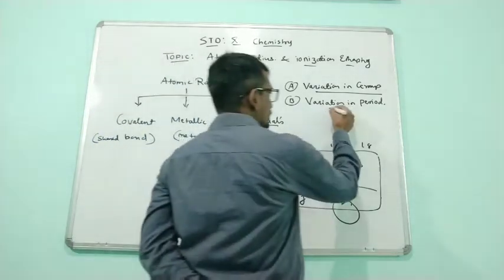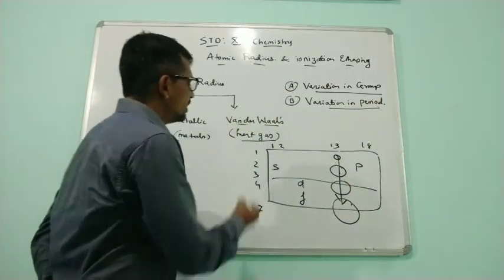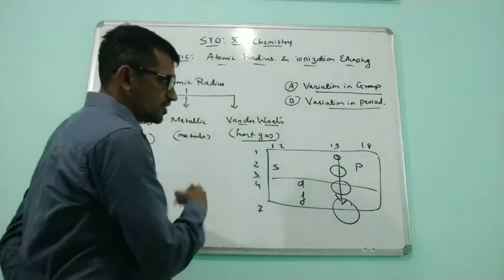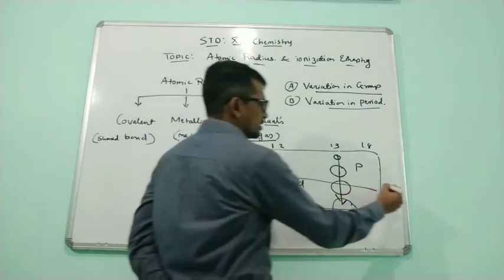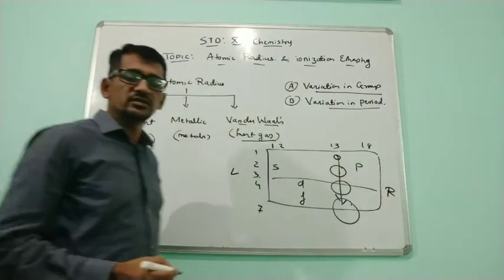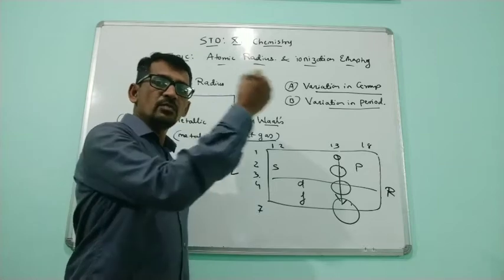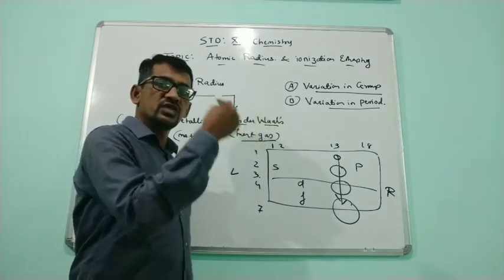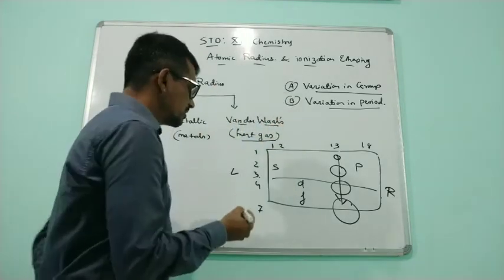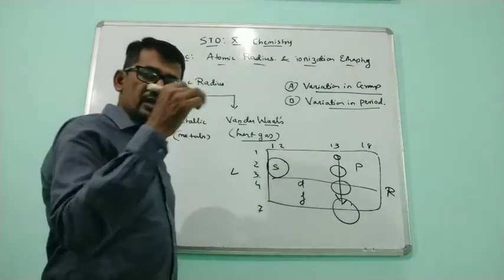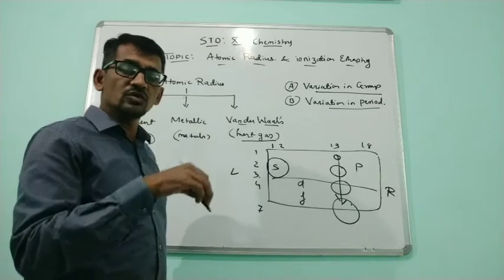Second, variation in period. Any period you can select, first, second, third. If you move from the left side to the right side, atomic number increases. Electrons are added in the same outermost orbit, the same circle. Electron is also added and proton is also added in the same circle.